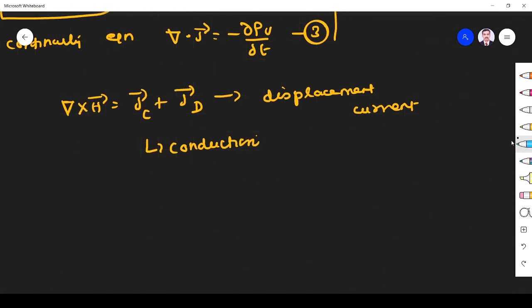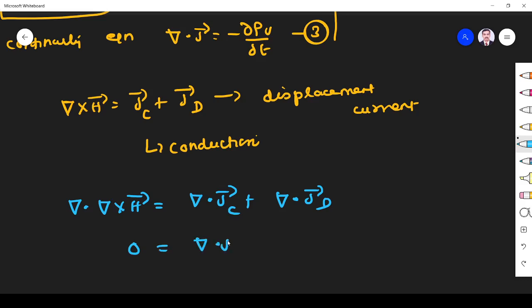Let us see. Now what he did is, you take the divergence: del dot del cross H is equal to del dot J plus del dot JD, divergence on both sides, right? So this is 0, as usual, divergence of curl is 0. Del dot J, or simply J or JC, plus del dot JD.